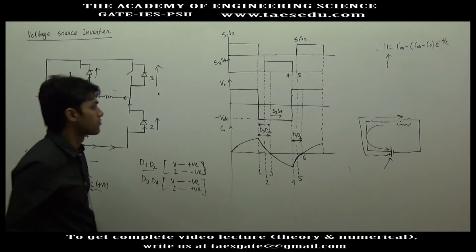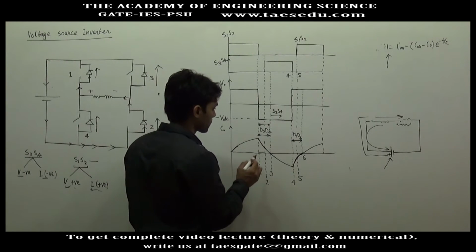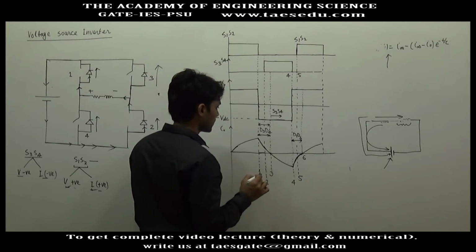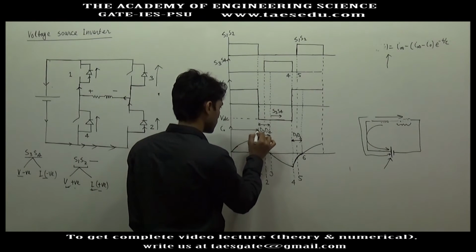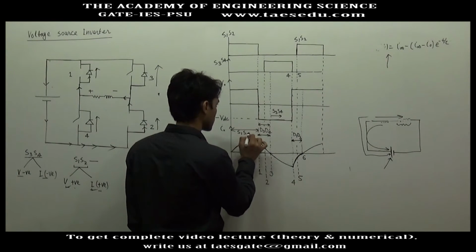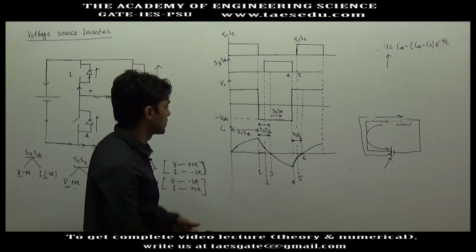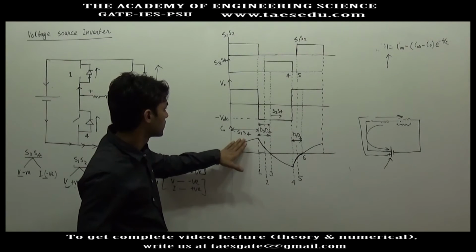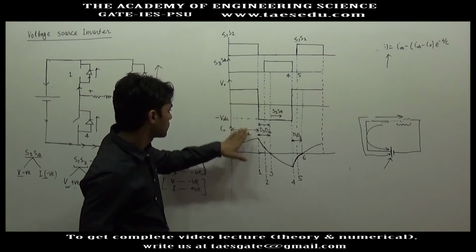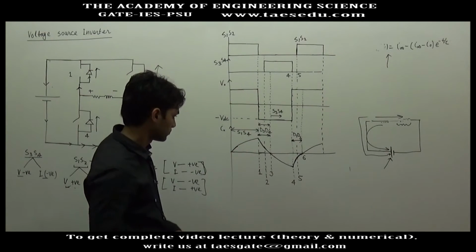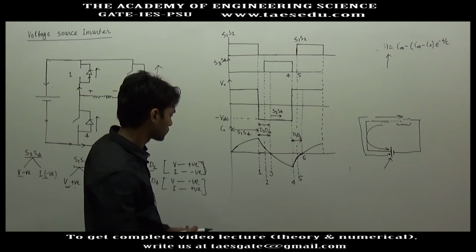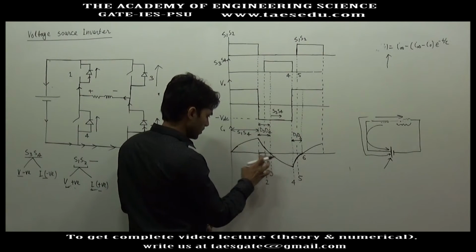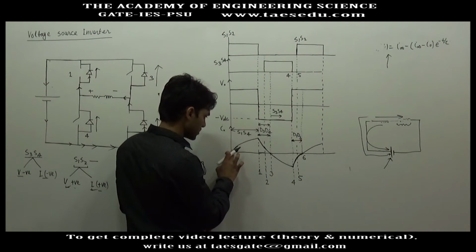You can also observe from the graph. Here D3 D4 are conducting, and here S1 and S4 are conducting. So when S1 S4 are conducting, voltage is positive and current is also positive. Although in steady state this current will not start from 0.